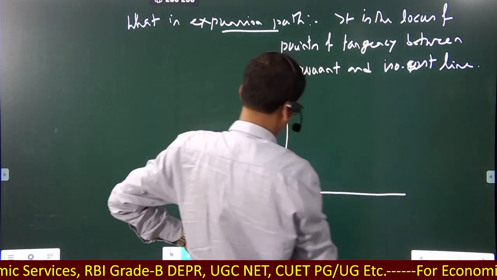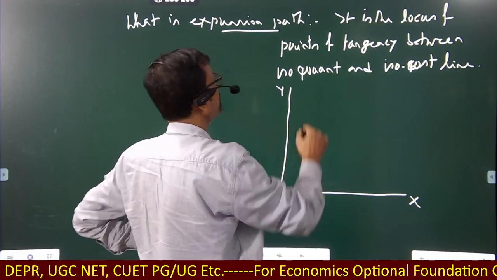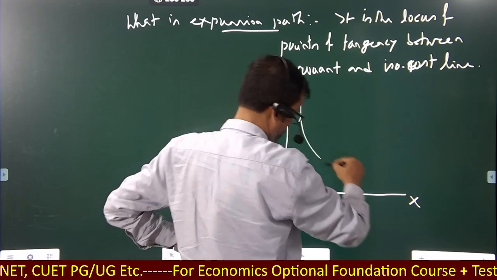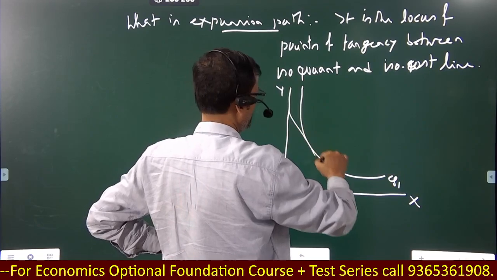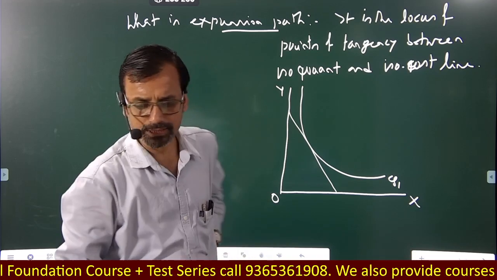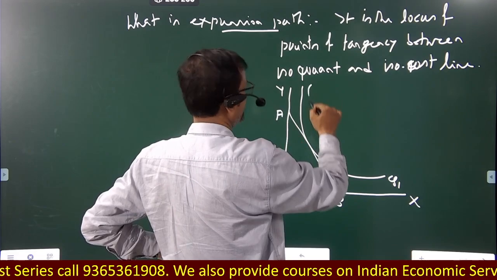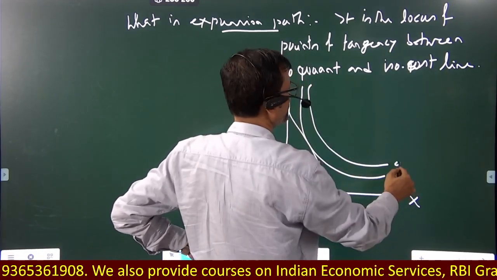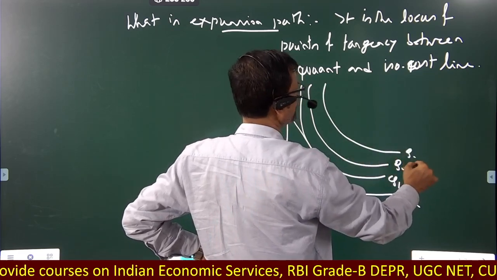Say different isoquants, some combination of output can be produced, say Q1. One isocost line we can draw, say AB. Again another isoquant Q2, another isoquant Q3.